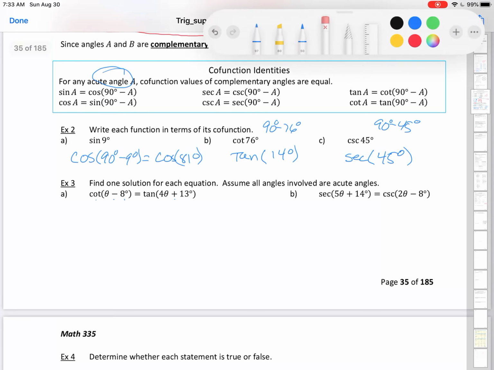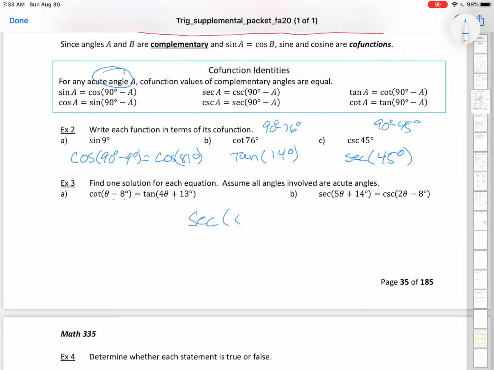And so we're going to leave that first one alone. Secant of 5 theta plus 14 degrees, we're going to leave alone. And we want that equal to the secant. And we got to use its cofunction relationship, 90 degrees minus 2 theta and minus a negative 8 is plus 8 degrees. And again, we get a 98 out of this.